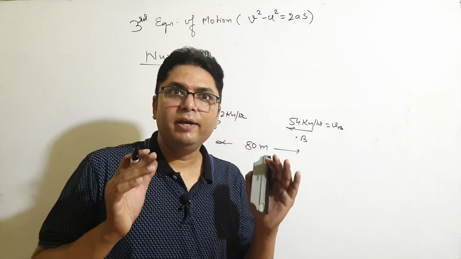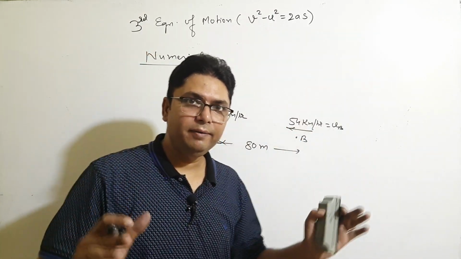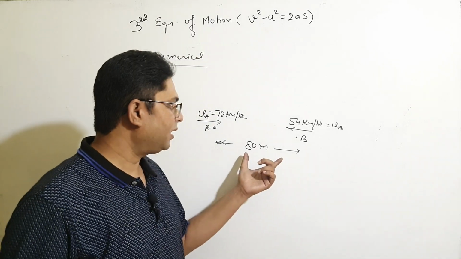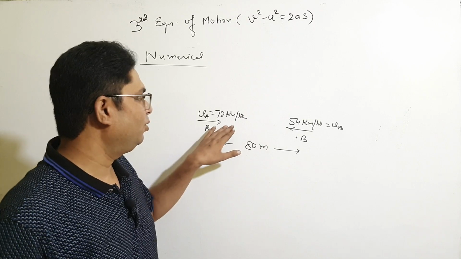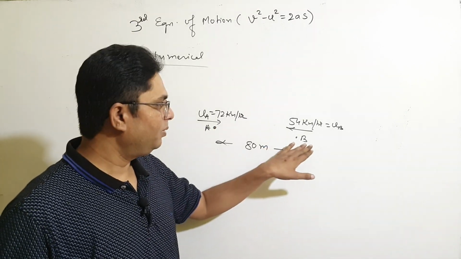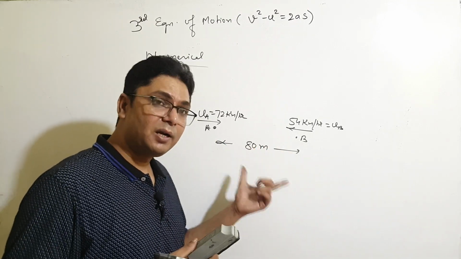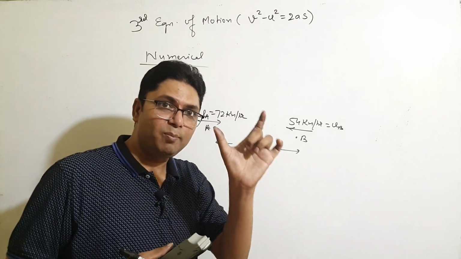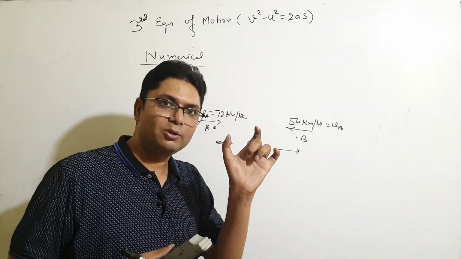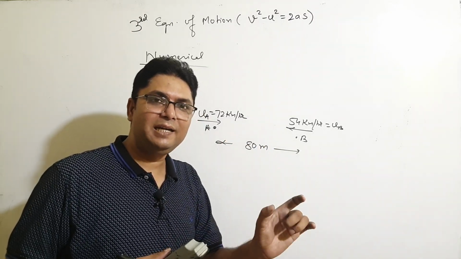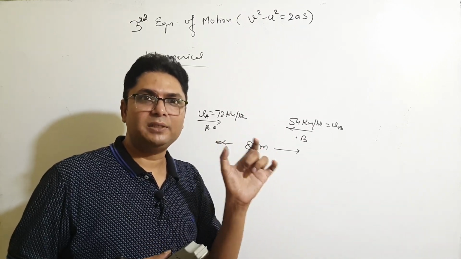But it is a foggy day, there is foggy weather. On a foggy day, 80 meter apart, two cars are approaching each other. Car A with a speed 72 km per hour, car B with a speed 54 km per hour. When they are 80 meter apart, they see each other and they apply brake. Both apply brake with a constant retardation of 5 meter per second square.